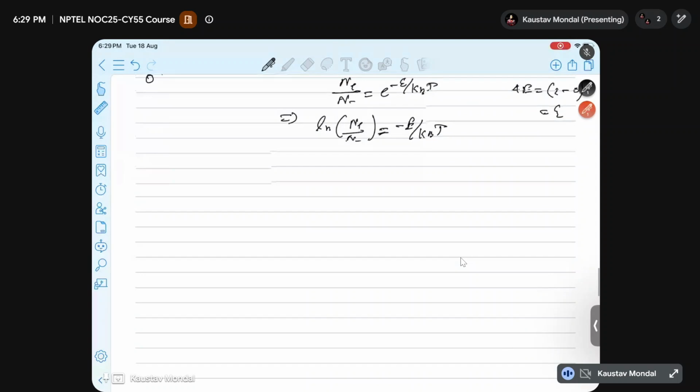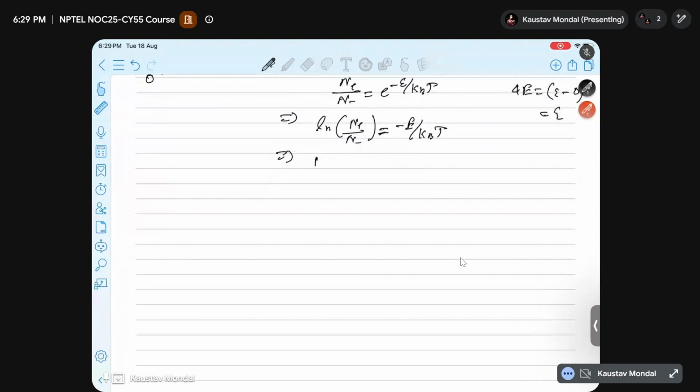So from here, T would be E by k divided by log of n minus by n plus. Here we invert the ratio because we have absorbed the negative sign inside the log part. That's why the thing inside the log gets inverted. Okay, so this is the expression of the temperature we got.